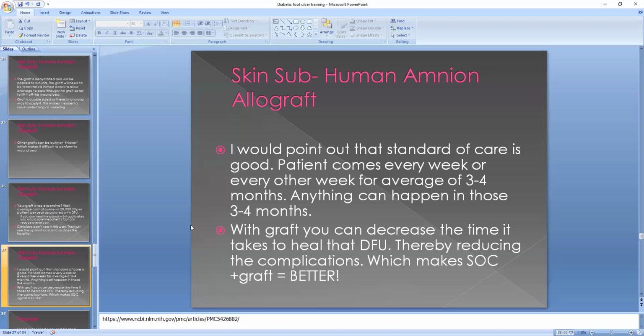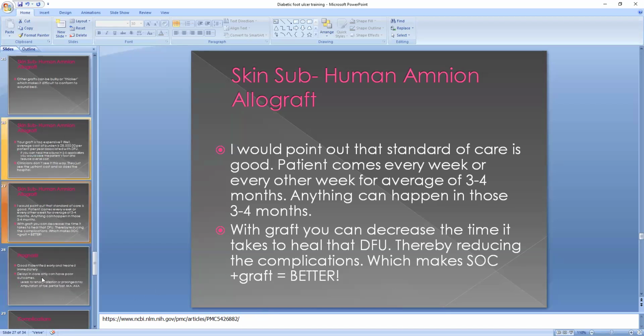Anything and everything can go wrong. And then with the graft, you can decrease the time it takes to heal. So you're reducing the complications overall because that wound is closed. The risk of infection, that door is closed, right? Which makes the standard of care plus the graft even better as a marketing or talking point.